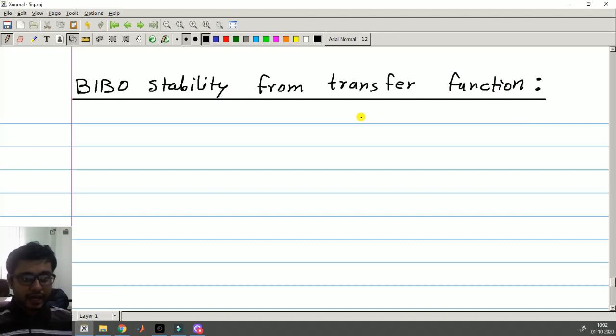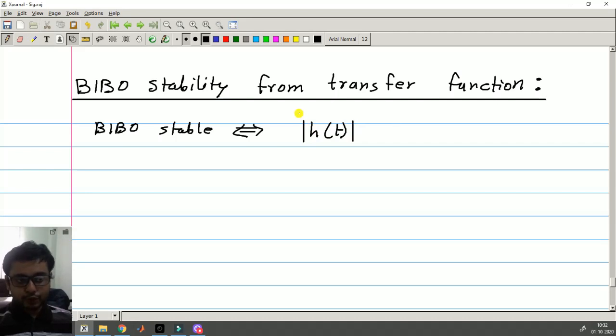Recall that a system is BIBO stable if and only if the impulse response h(t) is absolutely integrable. So this is finite if the system is stable.